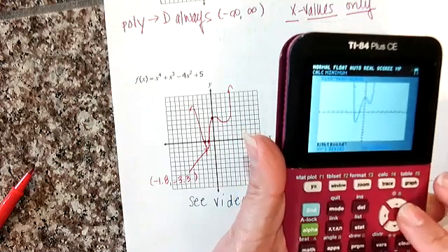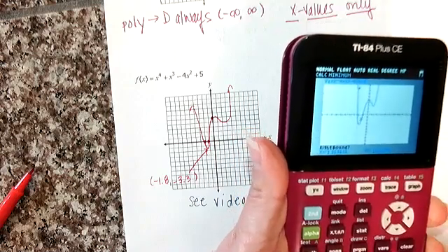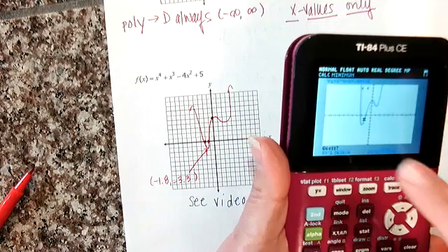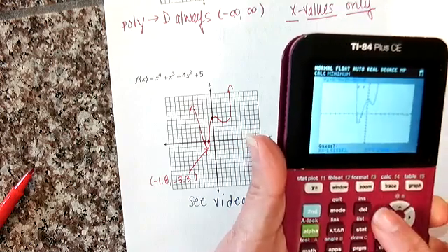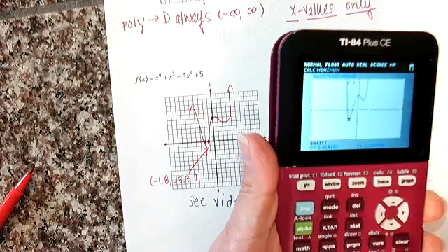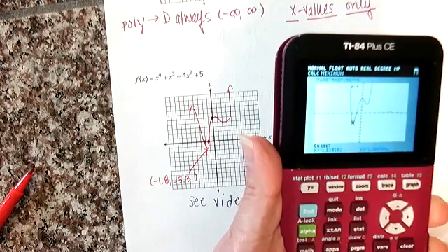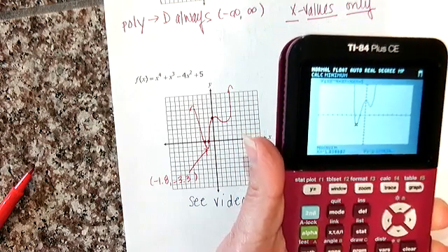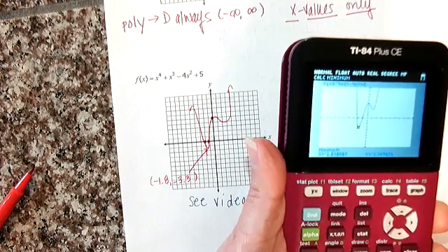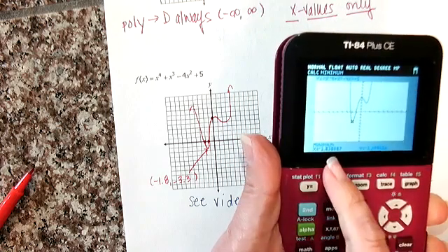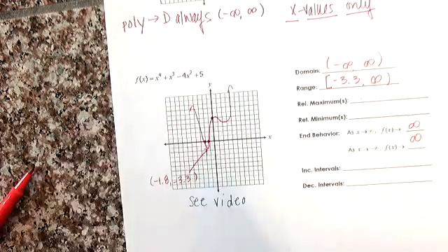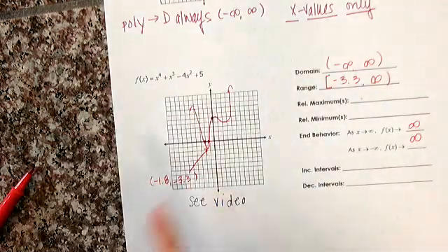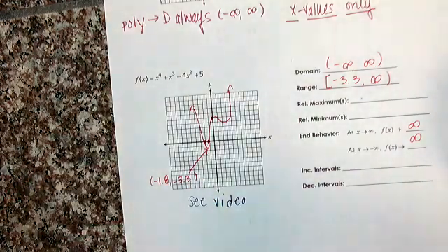I'm going to go to the right of the point somewhere and push enter. And then for guess, I'm going to try and use my arrow keys to get on top of that point as close as I can, push enter. And that point is, as we had determined before, negative 1.8, negative 3.3. So that is the value of my minimum.